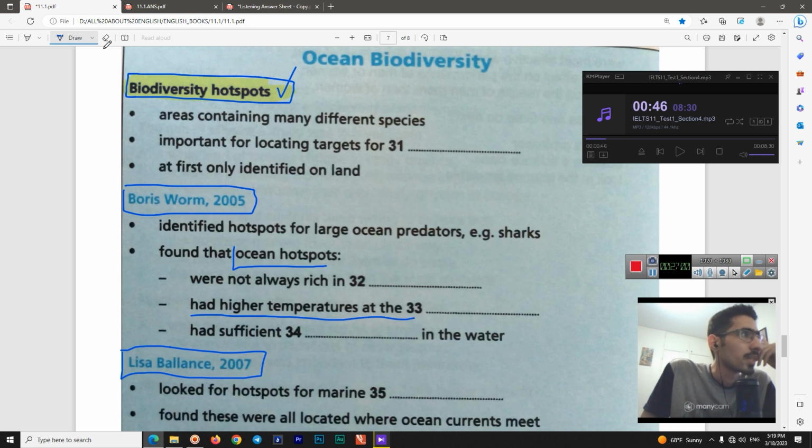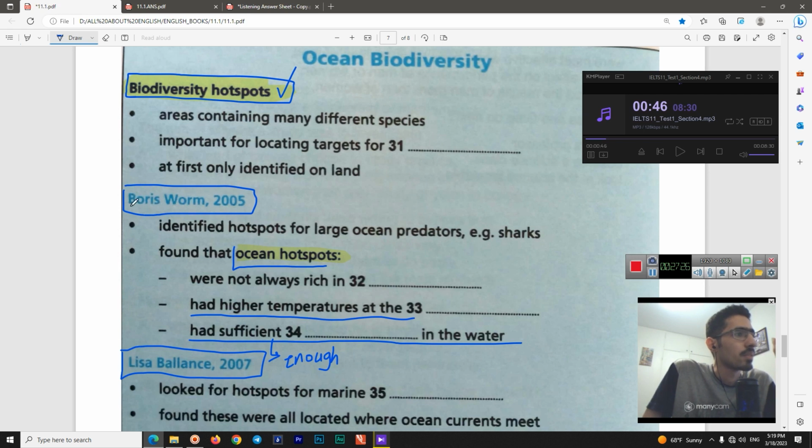And also, again, you should read the subject because you get lost. The subject says ocean hotspots had sufficient blank in the water. Sufficient means enough. Sufficient, very formal style of saying sufficient.